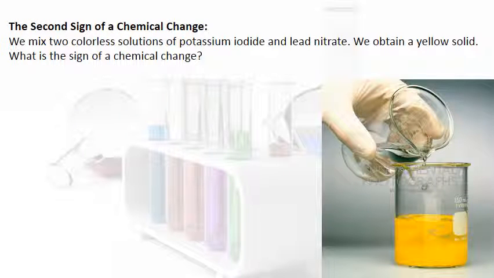The second sign or evidence, we mix 2 colorless solutions of potassium iodide and lead nitrate. We obtain a yellow solid. What is the sign of chemical change? No, there's no change in color. You are mixing 2 liquids together and you obtain a yellow solid. What do we call this?